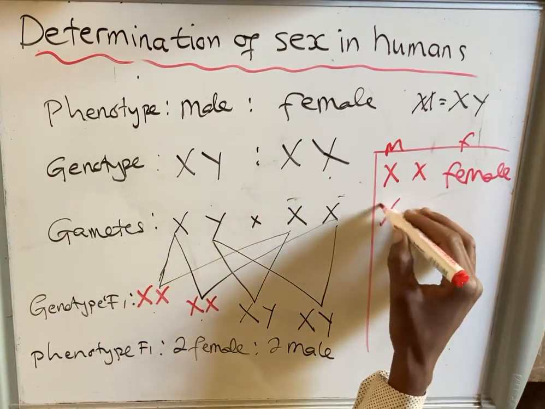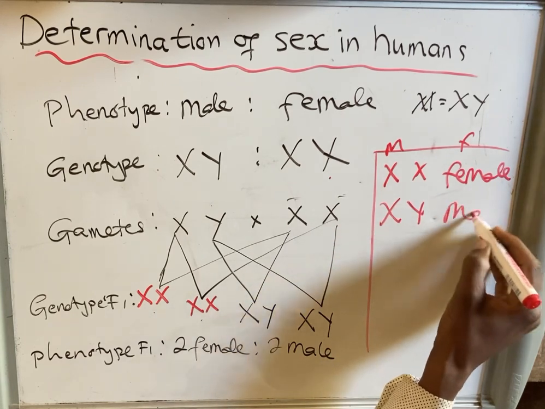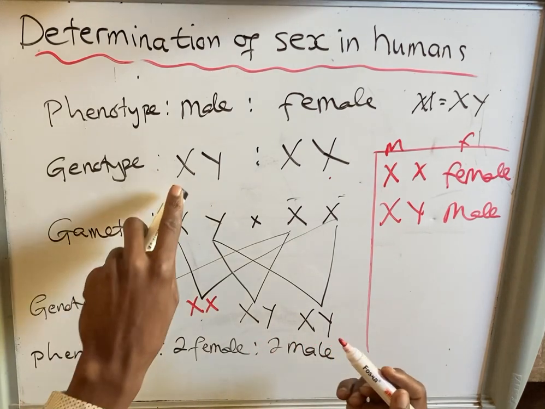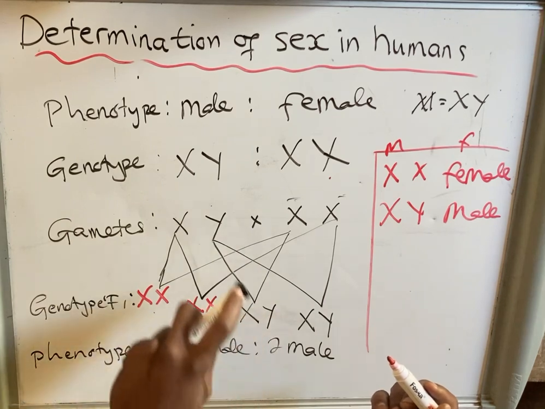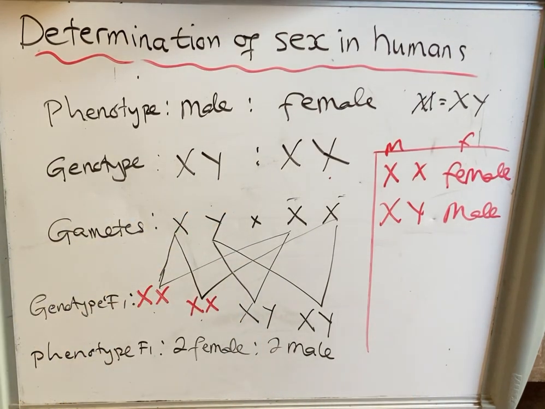So when you get X from the mother and Y from the father, you become the male child. So the person who determines the sex of the child is the male parent, because if you get X from the father, you become a female. If you get Y from the father, you become a male. So this is how sex is determined in humans.